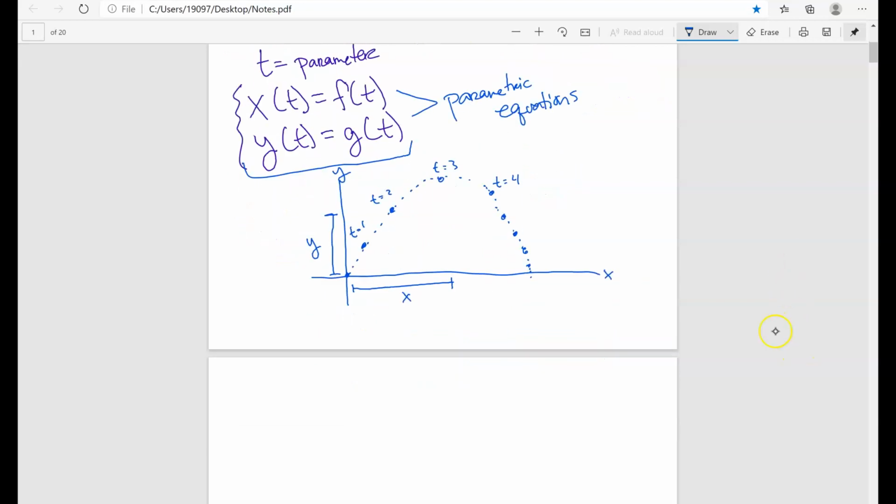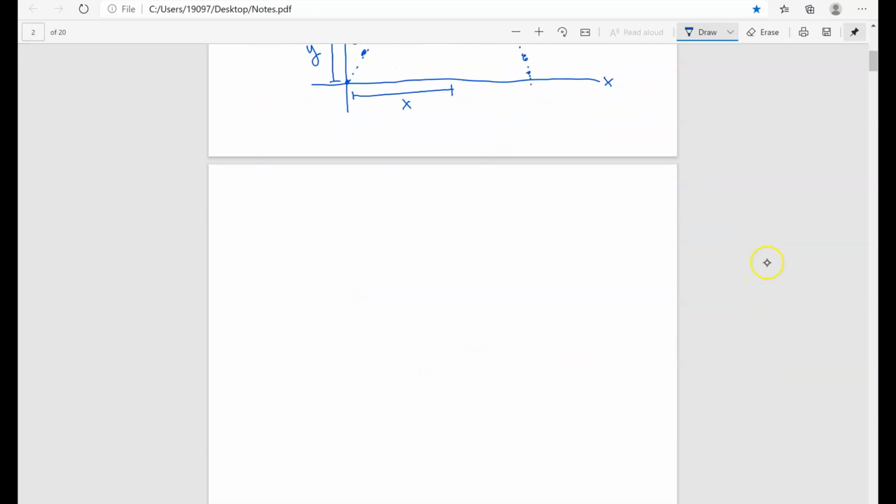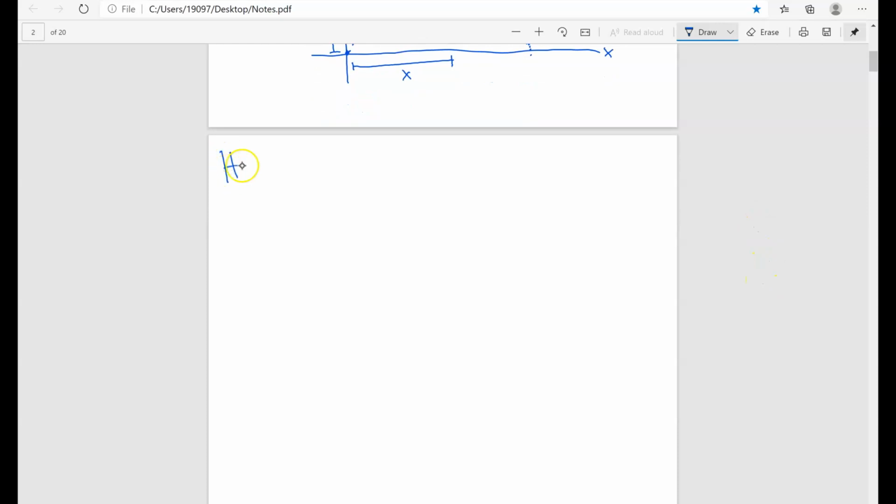The question right now is, how do I convert a function to parametric equations? There's usually a really easy way to do it.